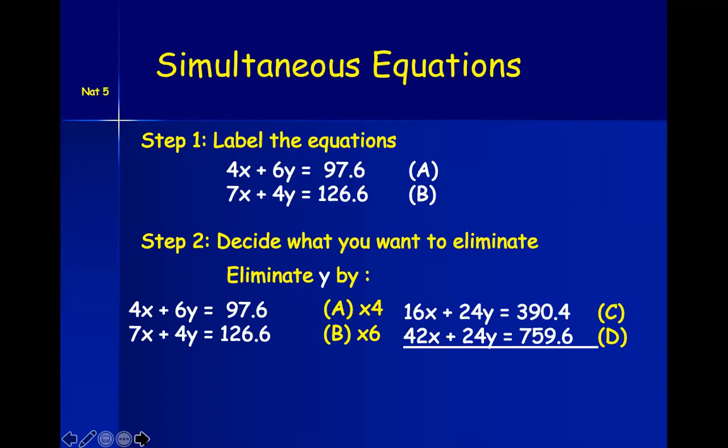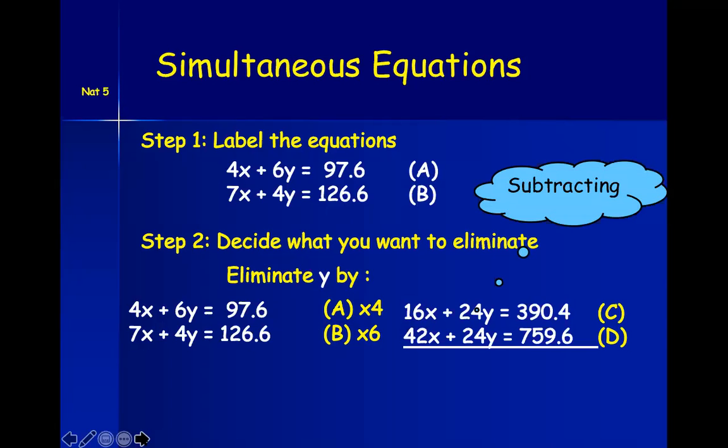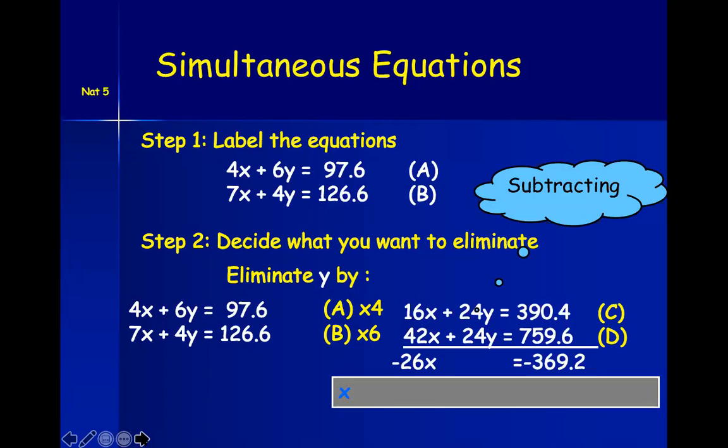So this time you will get your 16x plus 24y is 390.4, and 6 times 7, which is 42x plus 24y equals 759.6. If we start subtracting them to get rid of the y, you will get negative 26x equal negative 369.2. This is with the calculator, guys.